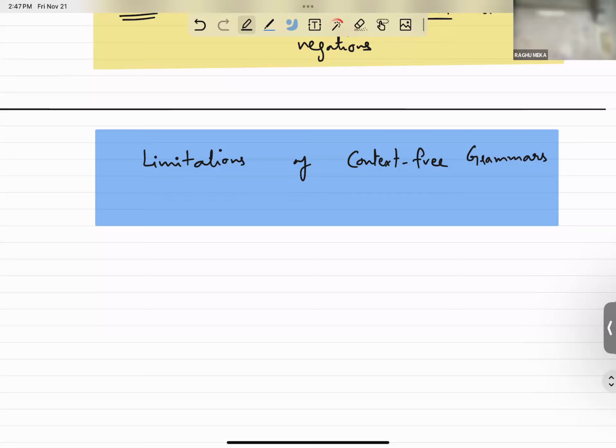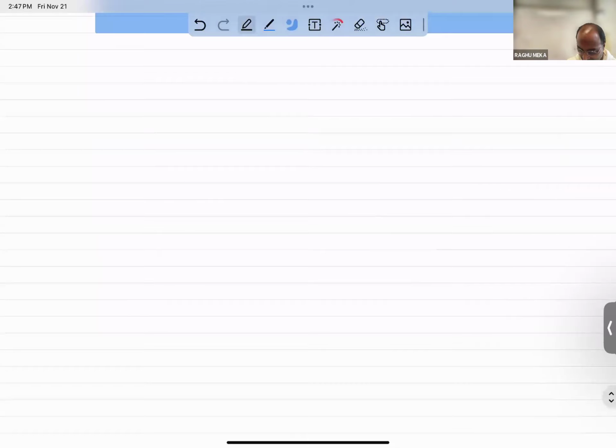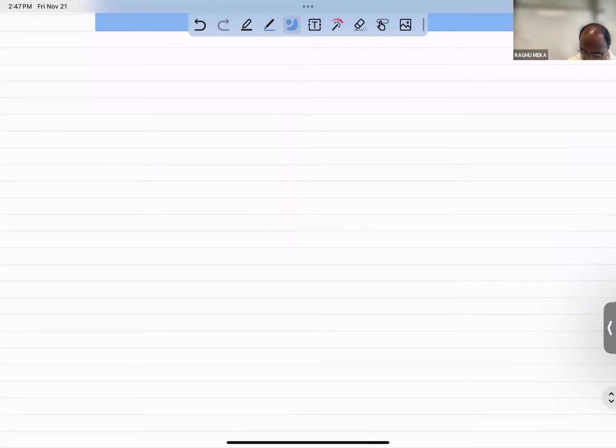We want to say that some function or language cannot be computed by context-free grammars. How do we show this? We identify a property that every context-free language will have, and then show that our function does not have this property. Which is exactly what we did for the pumping lemma for DFAs. We said every regular language must have this pumping lemma property, and then there are languages which do not have this property. So what is a special property that every context-free grammar should satisfy?